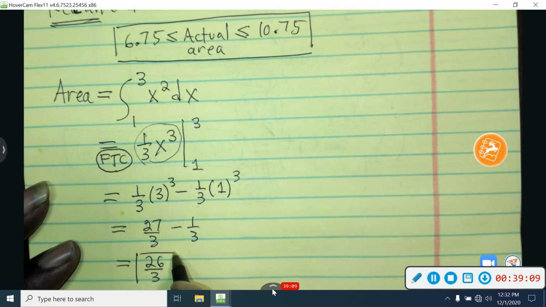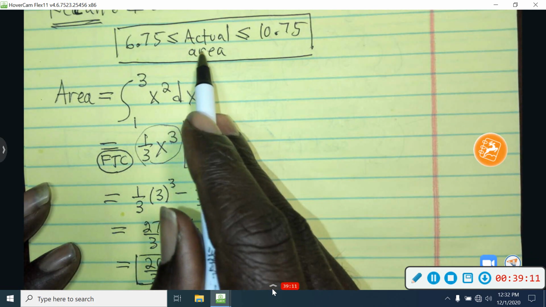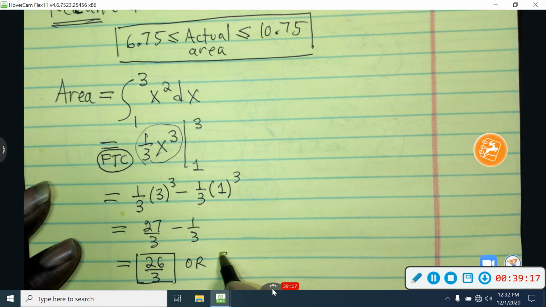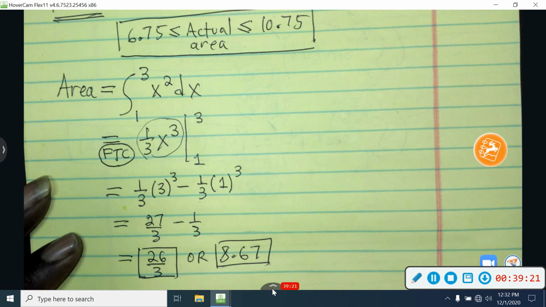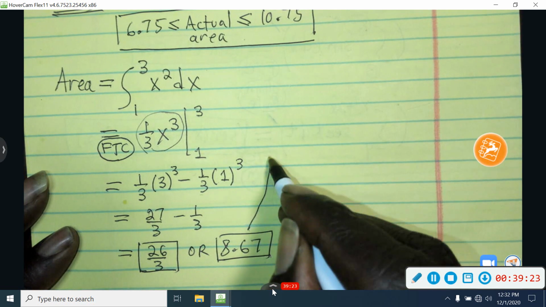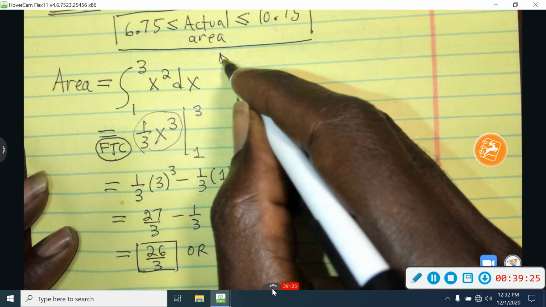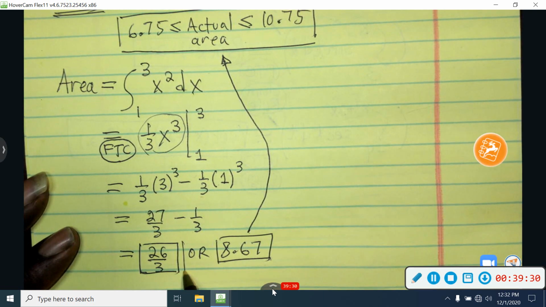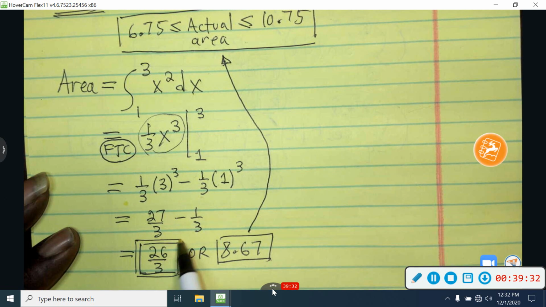You can leave the answer like that, but just to see where it falls in our bounds up here, let's say what the actual decimal is, and it's 8.67. And so you can see it really does fall in between our bounds, except we now have the real area here.